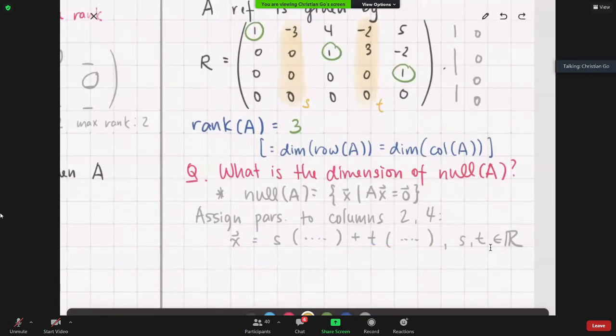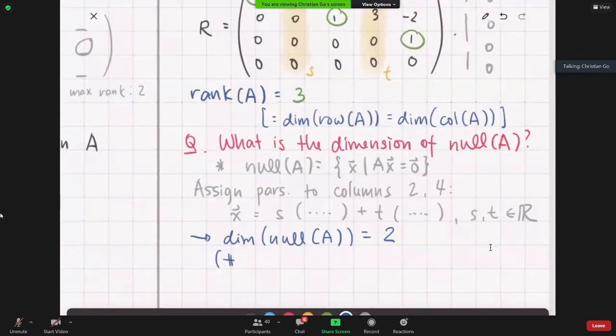So in this case, the dimension, let's use blue, of the null space of A is 2, because this is the number of columns that we assign parameters to.